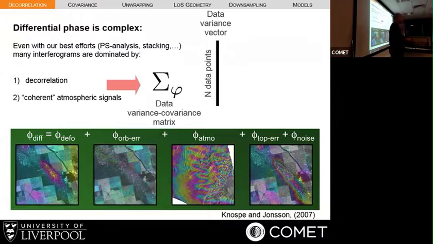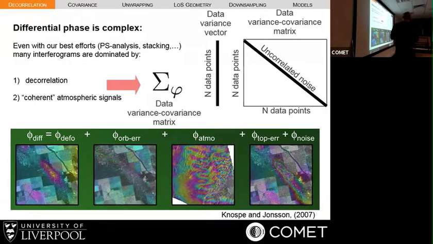So we have, as we said, a way to express now the coherence as a phase standard deviation. So we measure the coherence, we estimate the coherence, and then using this approximated equation, or more sophisticated ones, if we have taken into account the number of looks in the sampling, we can convert this into a phase standard deviation.